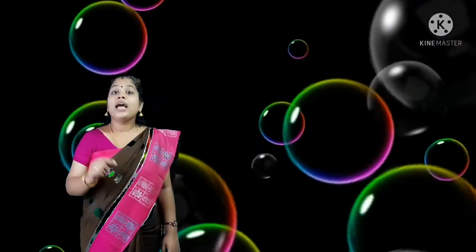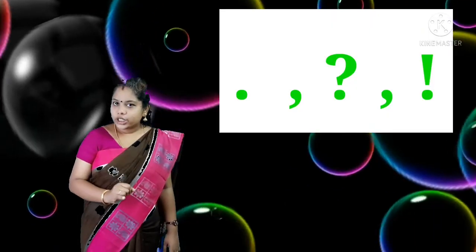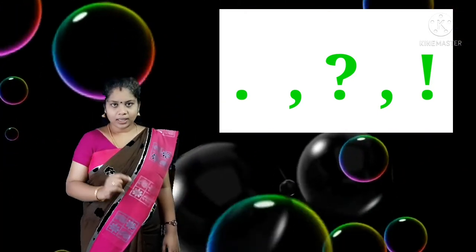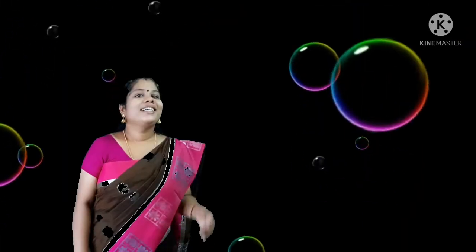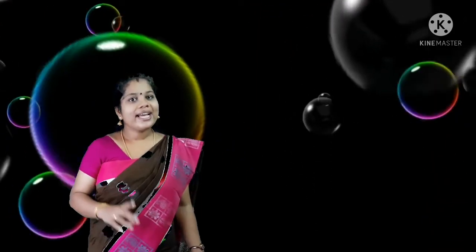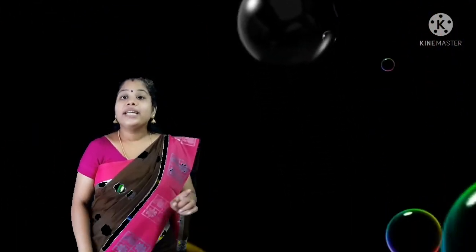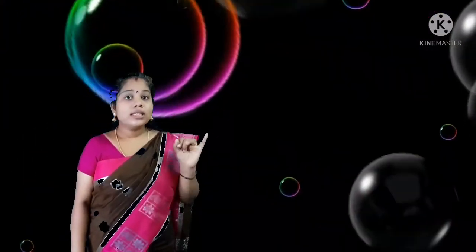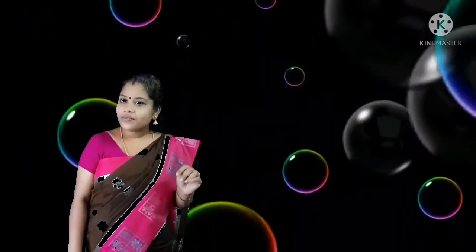While writing a sentence, we start it with a capital letter and end with a full stop, question mark or an exclamatory mark. Okay? Dear ones, a square has 4 sides. There are 4 corner directions, that is north, south, east and west.